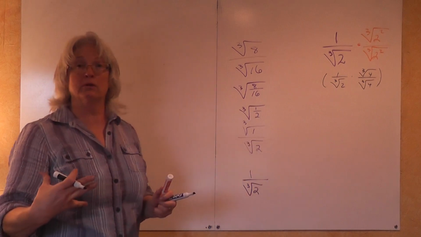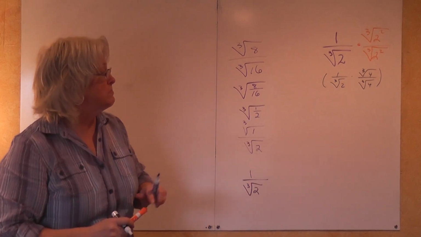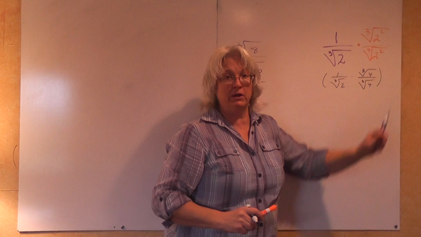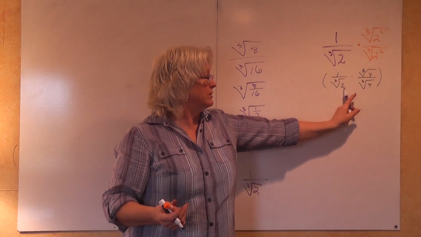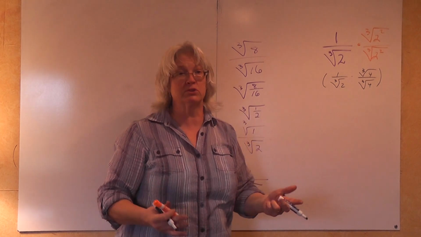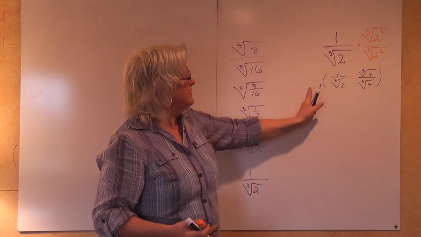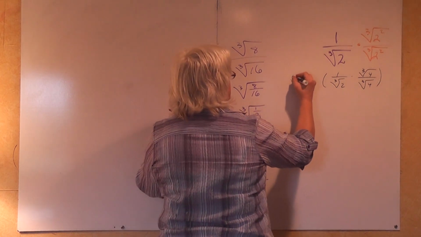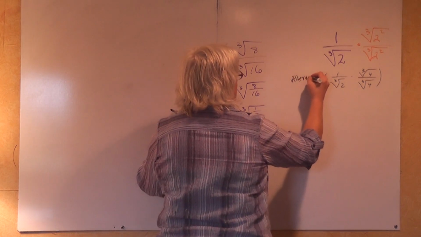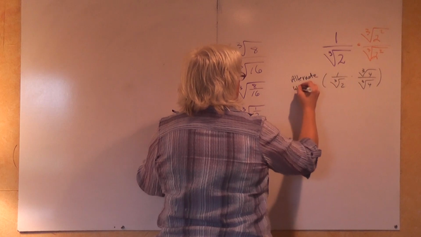That's the way I prefer to do it because I didn't work as much with exponential notation, and that just makes better sense to me because I'm going to have the cube root of 2 times 4, which is 8. Either of these 2 ways are equally legitimate. This is an alternate method, alternate work.